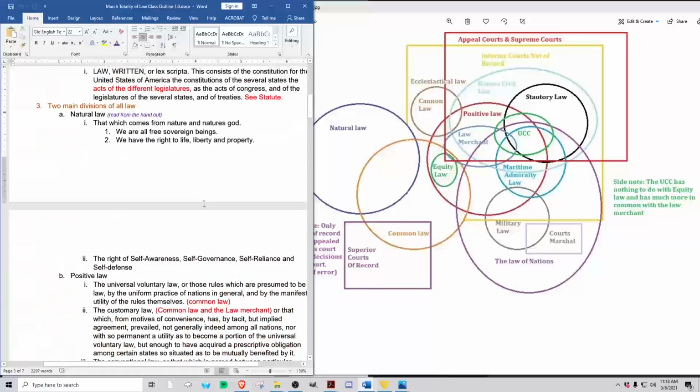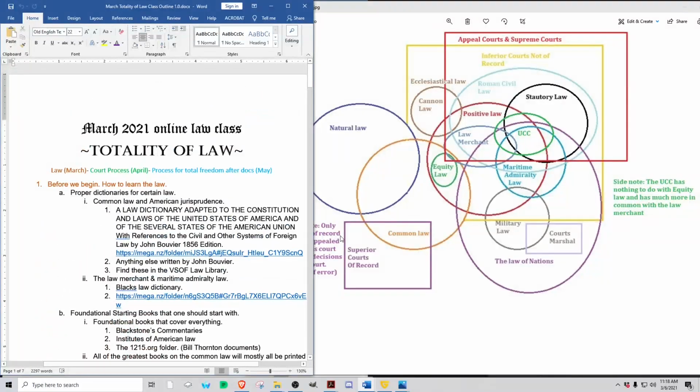But just to start with here, the circles are aspects of law or kinds or types or jurisdictions, and the squares, the boxes, are the different kinds of courts. I know that some of these are ovals and not circles, but I had to do that to be able to fit them in to what overlapped where. So anything that's a circle or an oval is a type or kind of law, and everything that's a square is a type of court. So just so you know that.